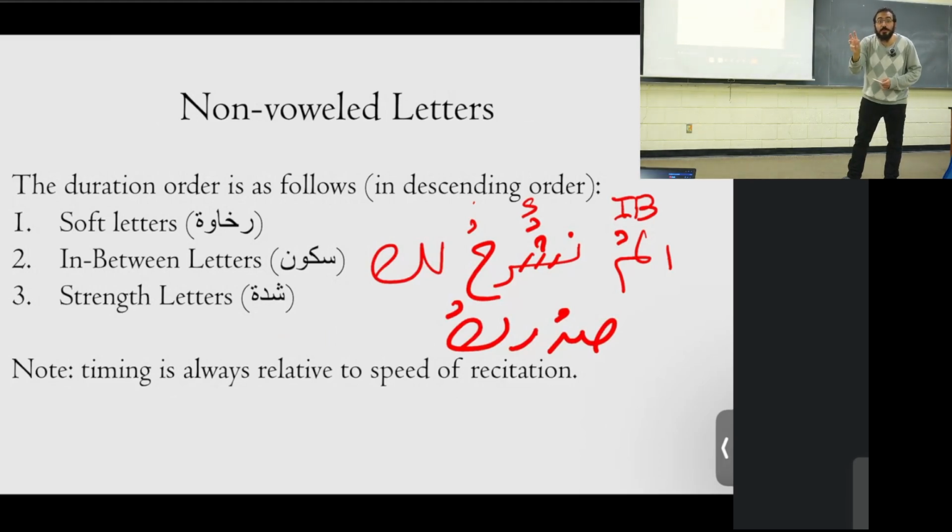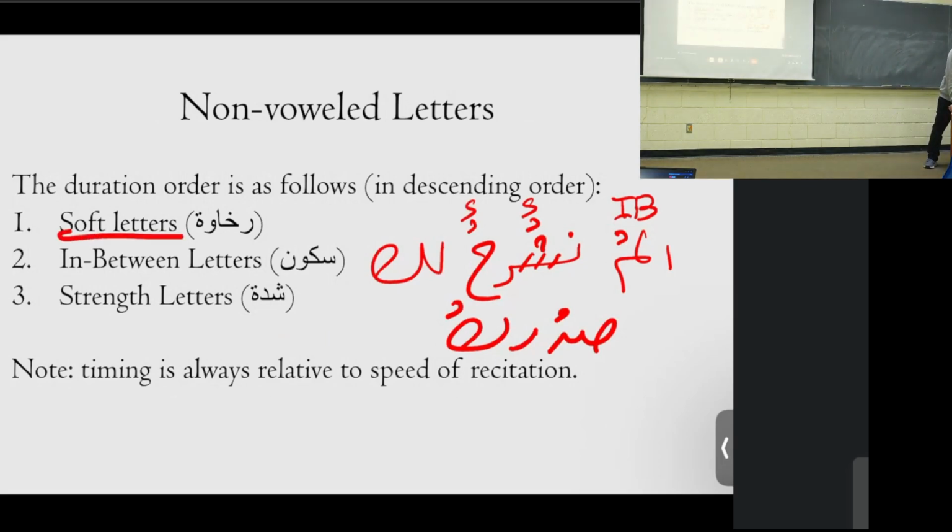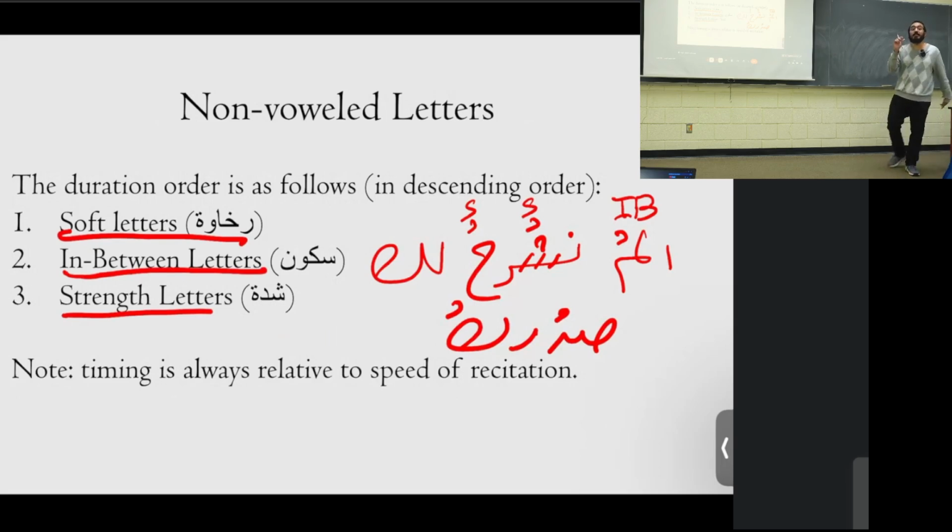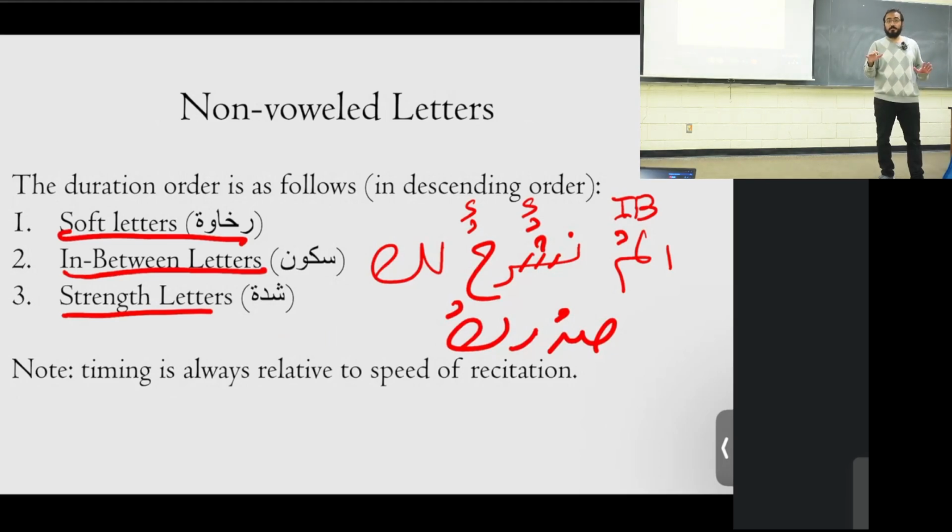I give them a small amount of time. So timing is the difference between the three levels. If sound flows, then I give a lot of time. If sound partially flows, I'm going to give a slighter amount of time. And if the letter does not flow at all, I'm going to give the smallest amount of time. Does that make sense? Yeah?